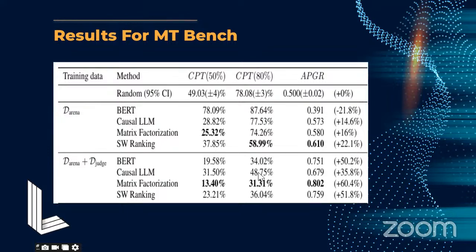But we can see matrix factorization and SW ranking show significant improvement when the judge data is added, especially in terms of APGR, the average performance. So every response is way better. In conclusion, for the results of MT-Bench, matrix factorization and SW ranking are more robust methods, especially in scenarios where additional judgment data is available.